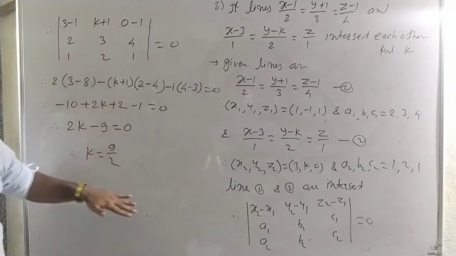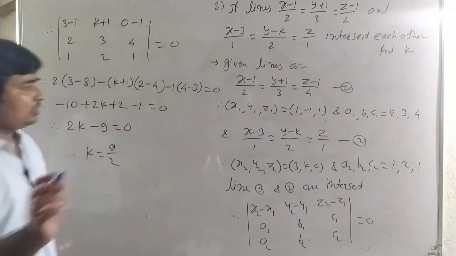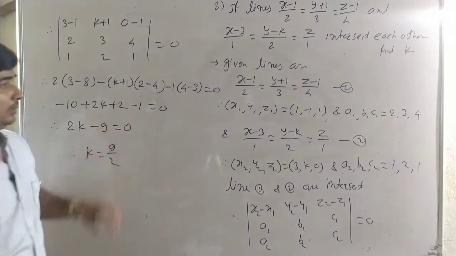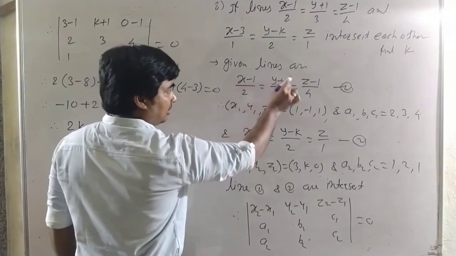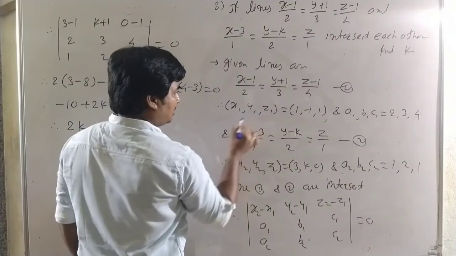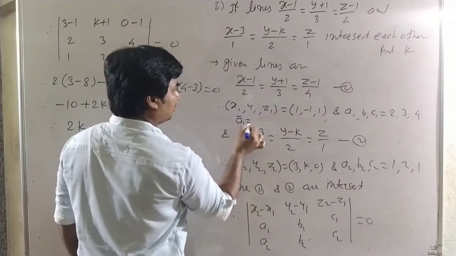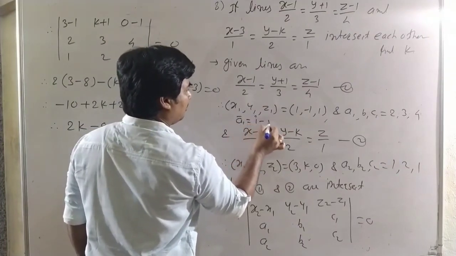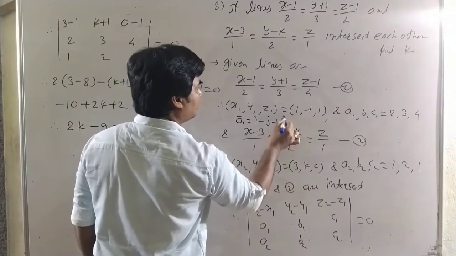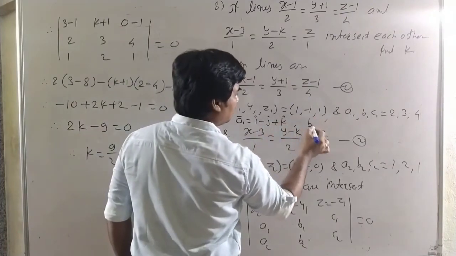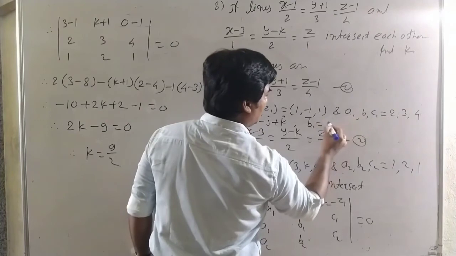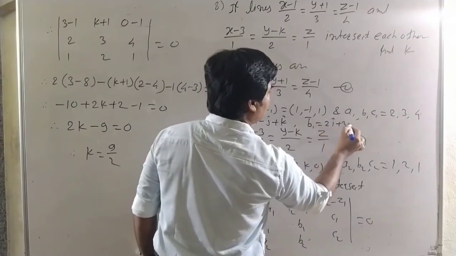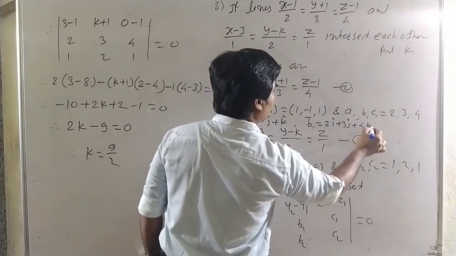This is the Cartesian method. You can also solve by using the vector method. When it is a Cartesian equation, the line passes through a point, therefore we can write a1 bar is i cap minus j cap plus k cap, and b1 is 2i cap plus 3j cap plus 4k cap.